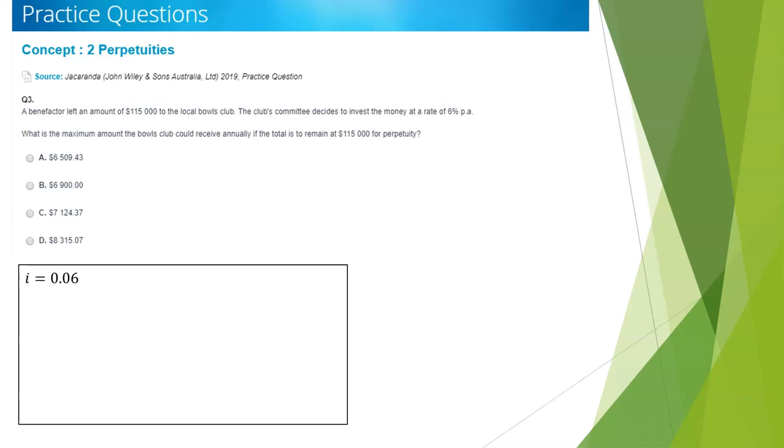So once again, we write down the information we know. 6% as a decimal is 0.06. We have to work out M, and our A is $115,000. By rearranging our equation, we know that M equals A times I, 115,000 times 0.06, $6,900. So our answer is B.